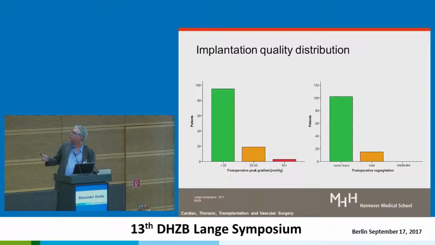We looked at these patients, and we see that in a lot of patients we can do a good job according to peak gradient, but in 20 patients we had a gradient of more than 20, and some patients, immediately after operation, had a gradient of 50. And also, if you look at regurgitation, there are patients who had a mild insufficiency.